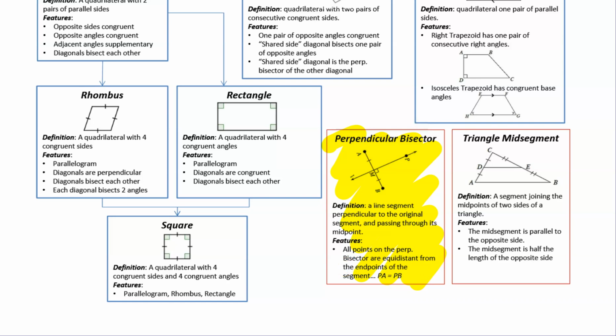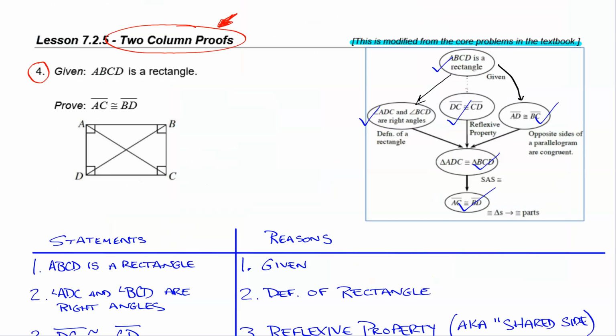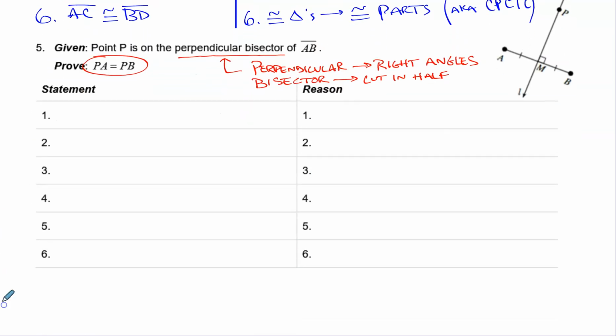So that's what we're doing right now, proving it with a two-column proof. It's going to take us 6 steps. Now, there's no magic number for steps in a proof. It just happens to be that this one's going to take us 6 steps. And what we're trying to prove is that these two segments right here are equal. And we're going to do that through congruent triangles. So let's see how that's going to work.